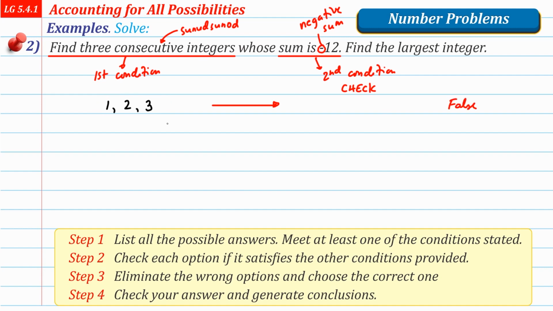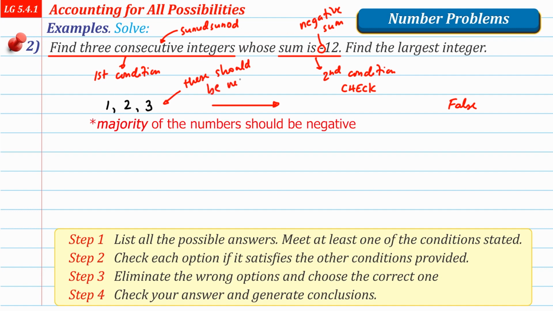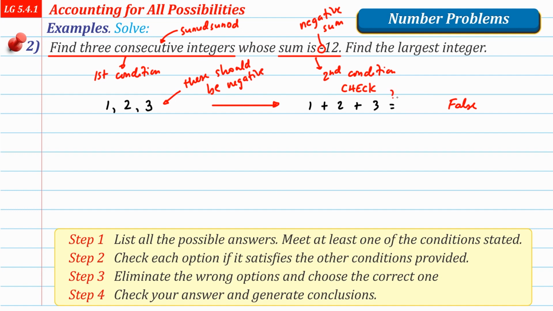And our clue is, kung negative ang sum, dapat these should be negative. Buti na lang yung first trial natin, chinek na natin dahil false agad yan. Paano magiging negative 12 yan? Okay, so, wrong yan.